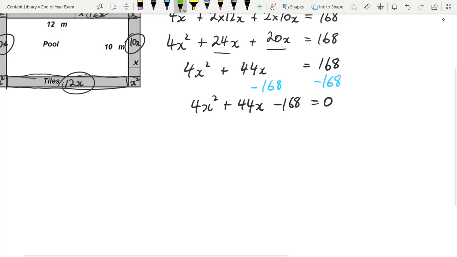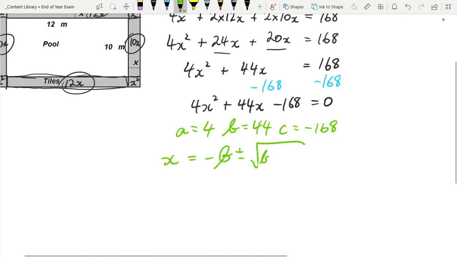The a value is 4, the b value is 44, and the c value is negative 168. If we remember our quadratic formula, x is equal to negative b plus or minus the square root of b squared minus 4ac, over 2a, which was also given to you earlier in the exam.